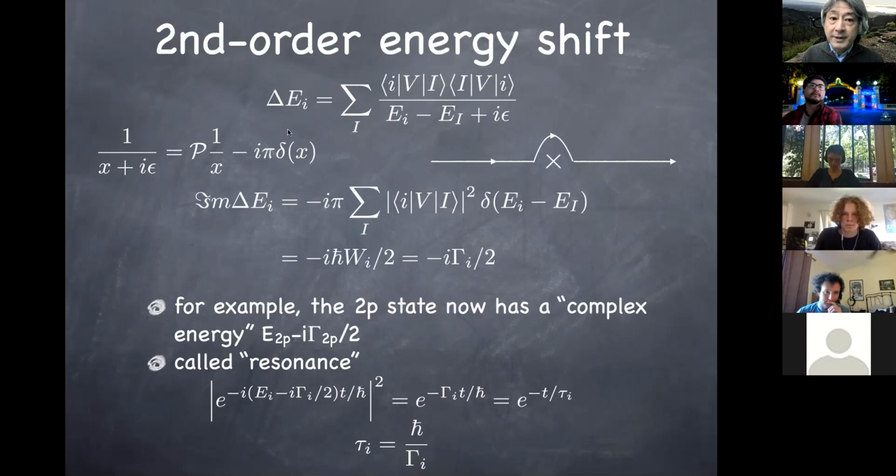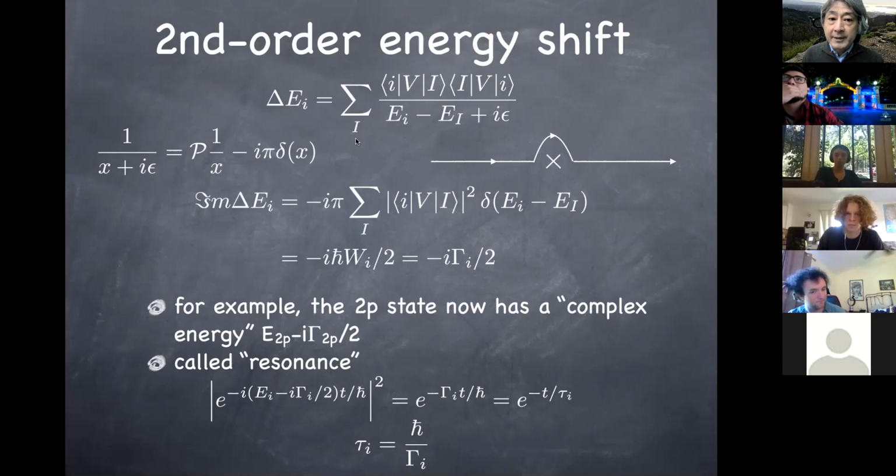So the imaginary part of this delta E comes from this I epsilon prescription. I rewrite this denominator, 1 over E_i minus capital E_I plus I epsilon, in terms of the principal value integral and I pi times a delta function. I just look at the I pi piece because I'm interested in the imaginary part now, and that is given by this minus I pi.